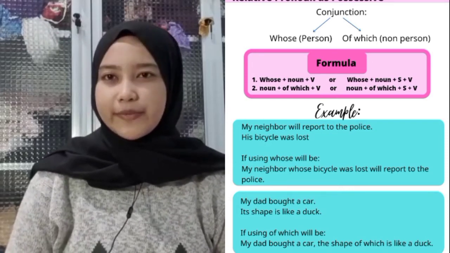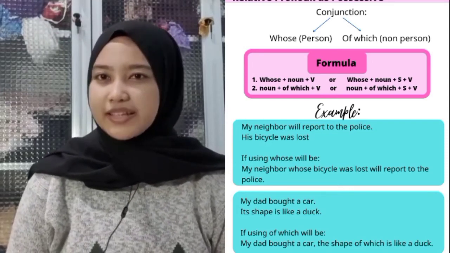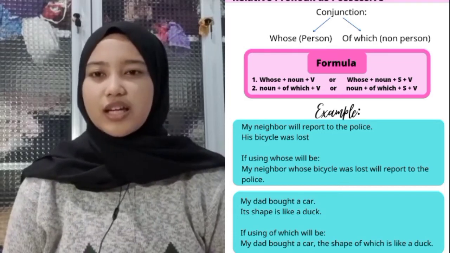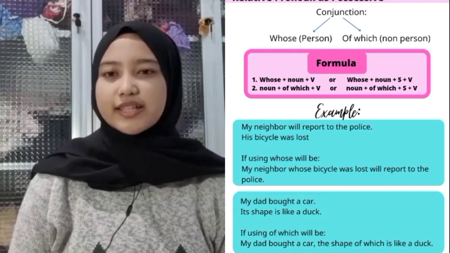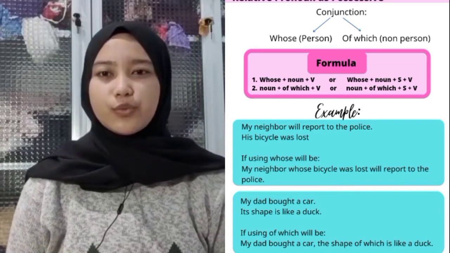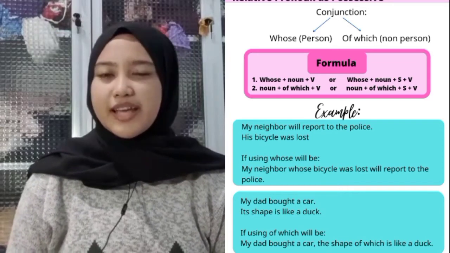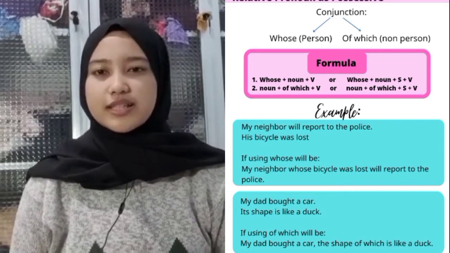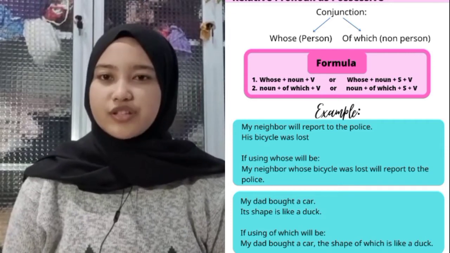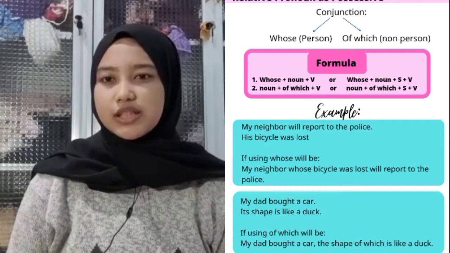The second example: my dad bought a car. Its shape is like a duck. If using of which, it will be: my dad bought a car, the shape of which is like a duck.